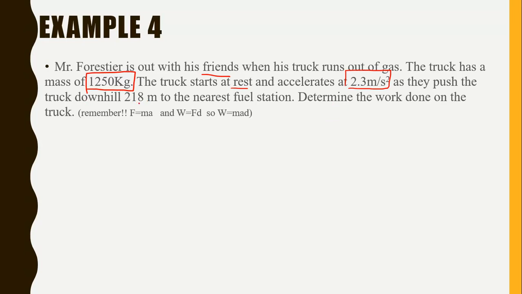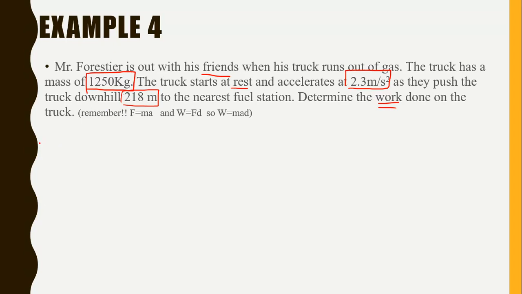The truck moves 218 meters to the nearest gas station. Determine the work done on the truck. Okay, I know there's a lot going on here, you guys, but we do it the same way. If you're confused, and this is a kind of a confusing question, always start by listing your variables.